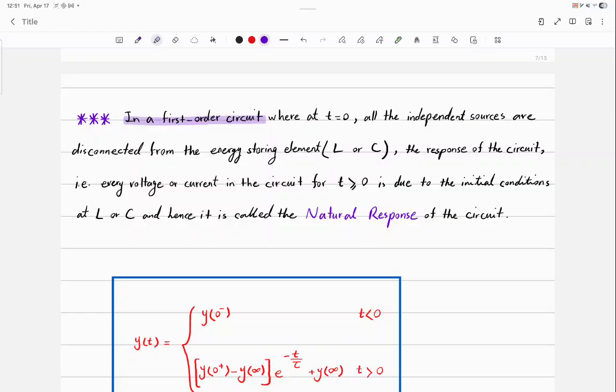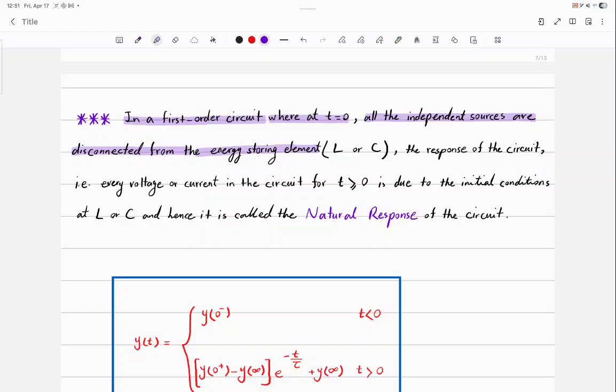Okay, so in a first order circuit, where at t equals 0, the instant where switching happens, all the independent sources are disconnected from the energy storing element. So first of all, the independent sources are disconnected at t equals 0. Isn't that the case that we covered today?